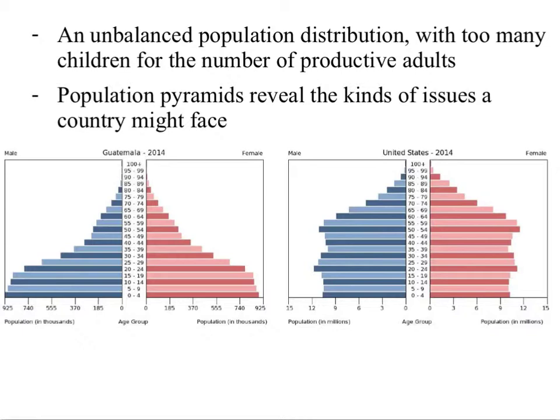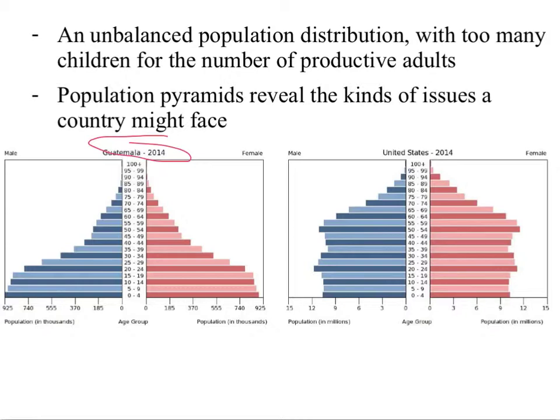And one of the ways that we look at these population distributions is by using what are called population pyramids. Those are these little graphs we see below us. For example, the one on the left is a population pyramid of Guatemala. Now, Guatemala is still in the stage of the demographic transition where its population is increasing quickly.